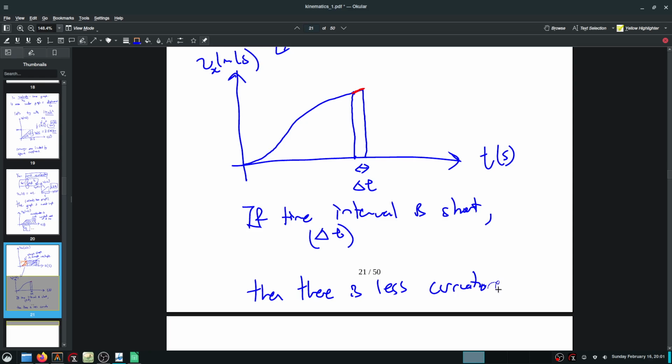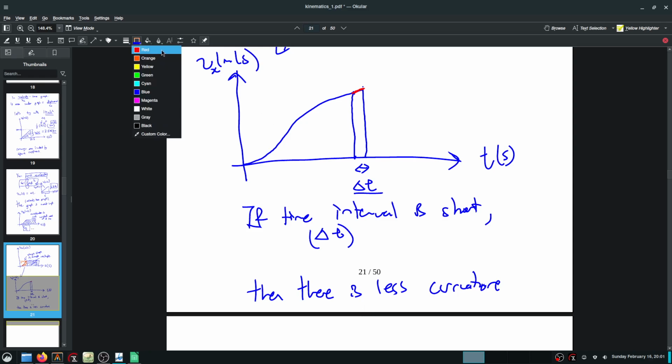What's this curvature thingy? It's how curved your line is. But if your delta t is very small, from here to here, this almost is like a straight line, so we are going to take advantage of that.